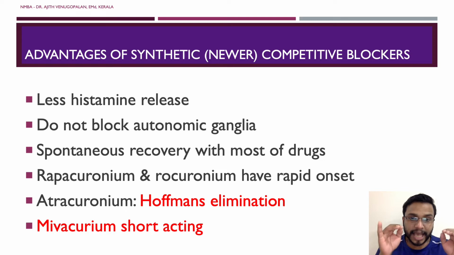That's one thing that you have to be clear. It is not something to be compared with succinylcholine, but when compared to other competitive blockers, it has a faster recovery. And atracurium is eliminated by Hofmann elimination, and mivacurium, as I told earlier, is a short acting drug.